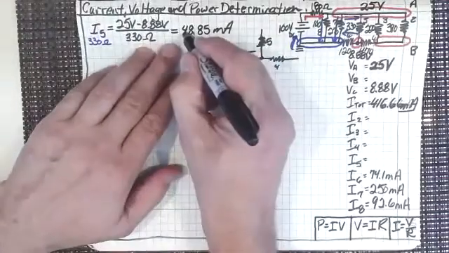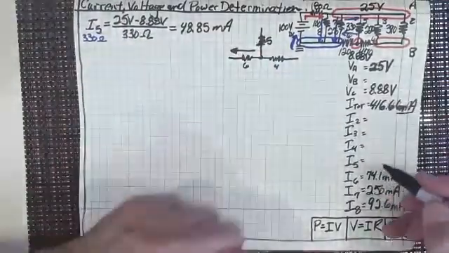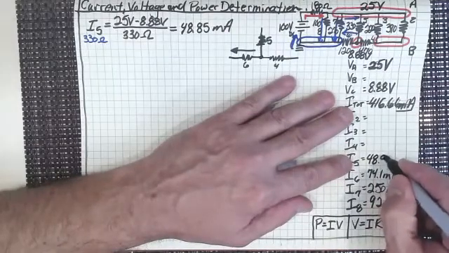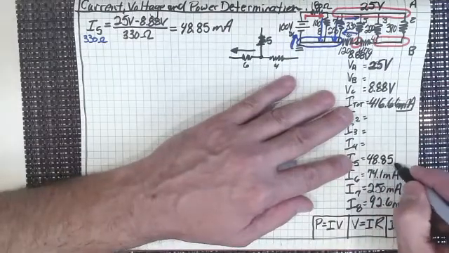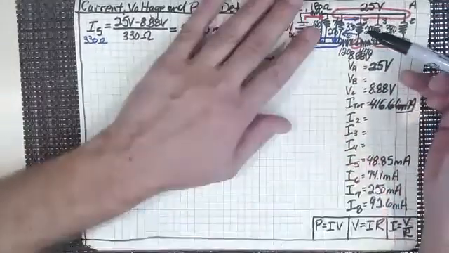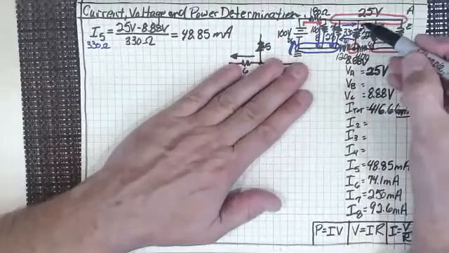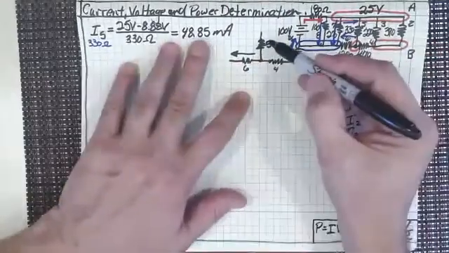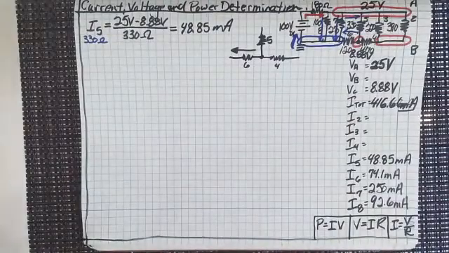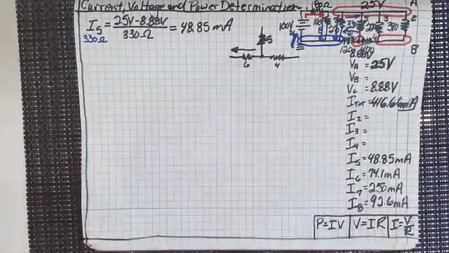So we now have I5, and we can put that in. 48.85 milliamps. Right? Does everyone see how we got that? So we now know what I5 is, and we can draw it on here. Let's put that in blue. We know what's going back.